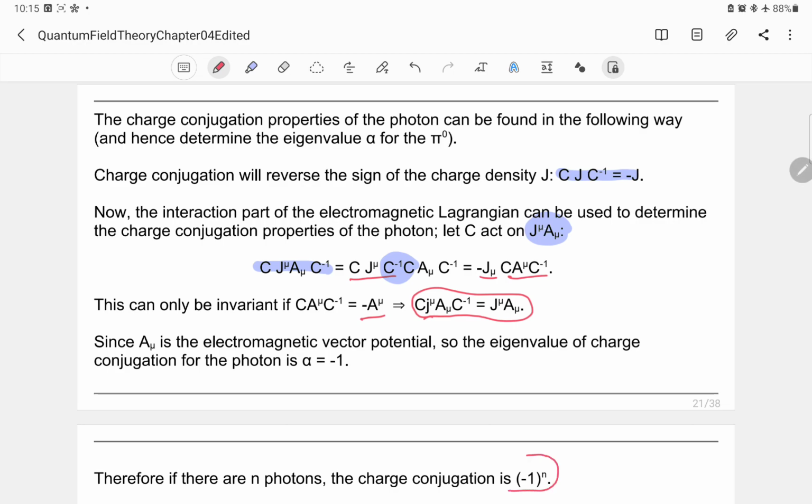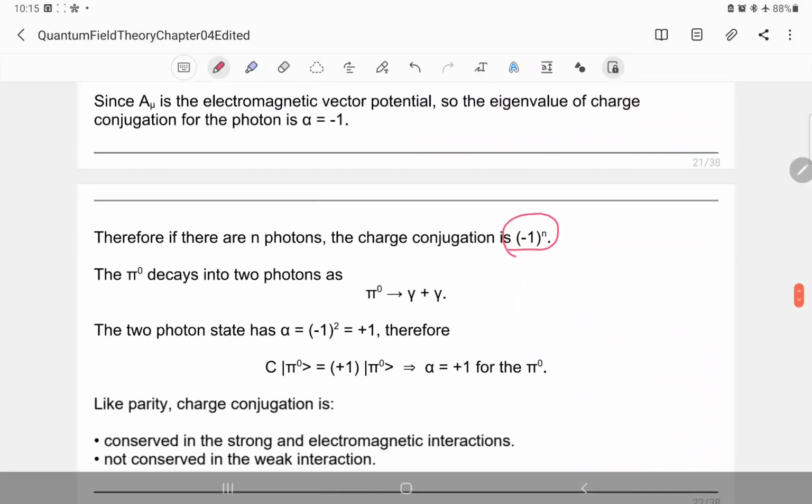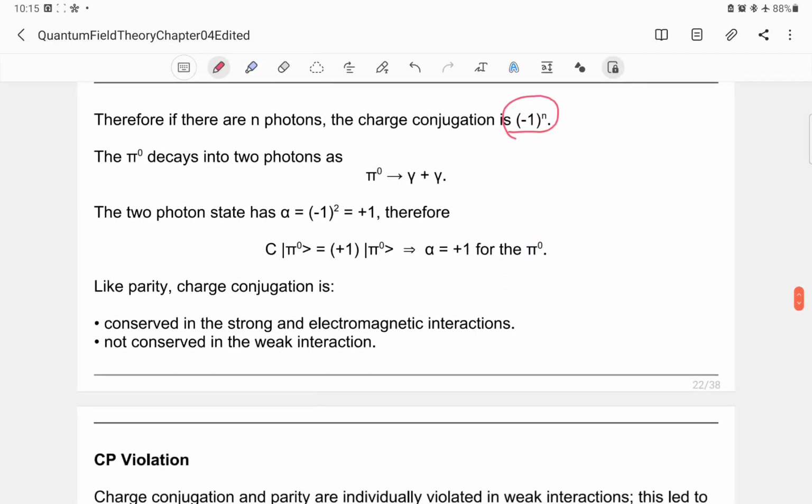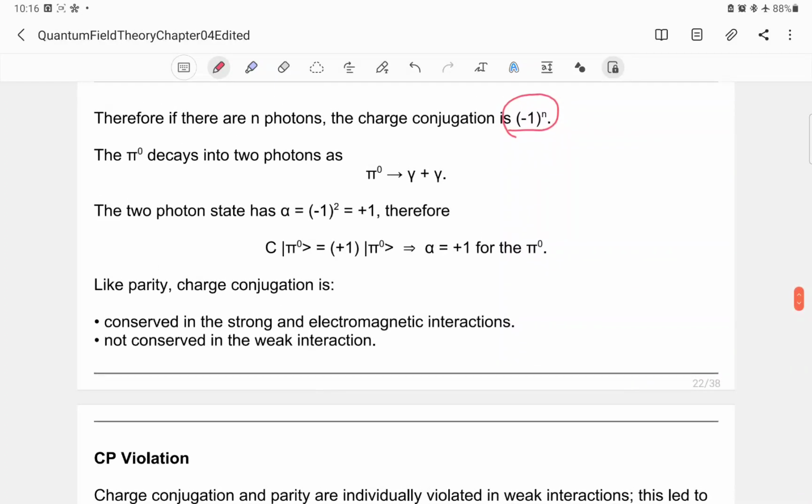So if n photons are produced in an interaction, the charge conjugation is just equal to negative 1 raised to the number of photons produced or involved in the interaction. In this case, if you have a neutral pion decaying into two photons, the two-photon state has an alpha equal to negative 1 squared, which is positive 1.